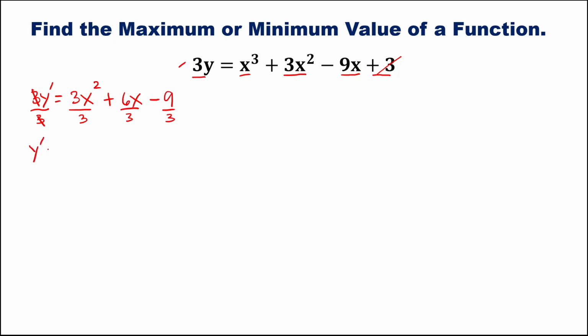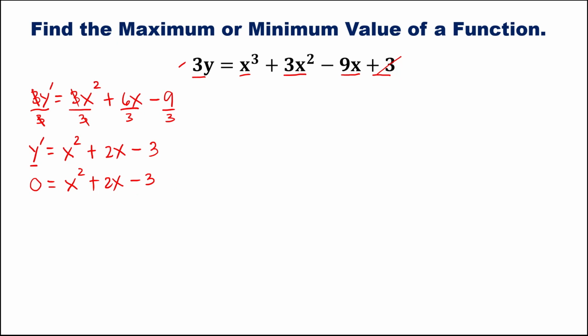So we have y prime equals x to the power 2, then plus 6 divided by 3, this is 2x, then minus 9 divided by 3, this is 3. Then we need to equate this y prime to 0. So this becomes 0 equals x to the power 2 plus 2x minus 3.